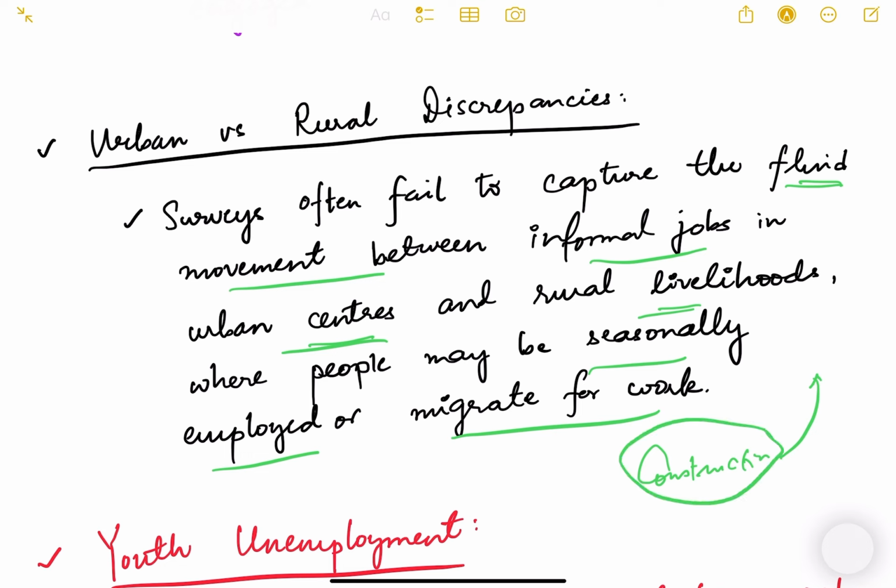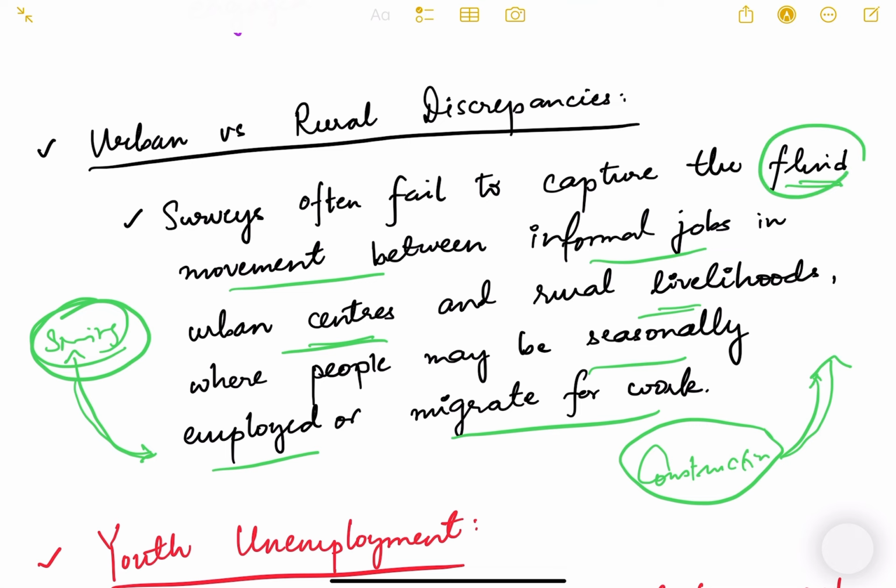But once this work gets over, they migrate back to the rural area and they are unemployed. Similarly, during the sowing or harvesting season in rural areas, people might migrate back to the rural area, work there, and then again come to the urban area in search of jobs. So they are unemployed at that time. There is a very fluid movement to and fro between urban and rural.